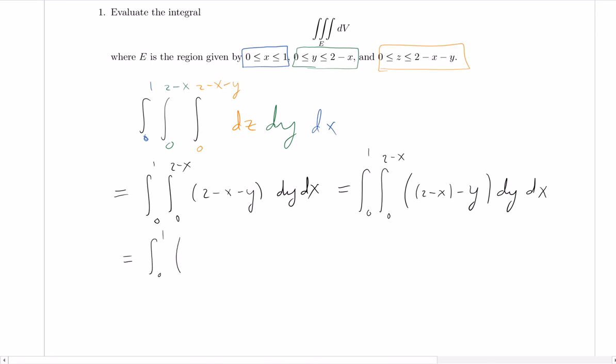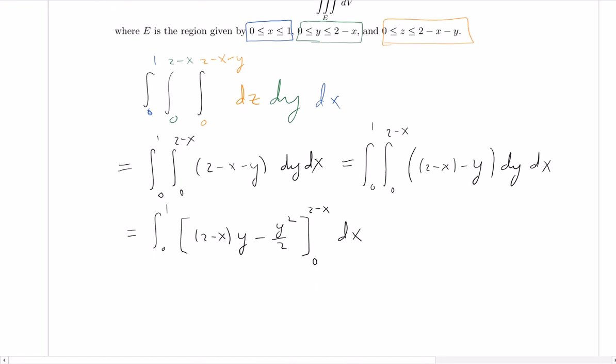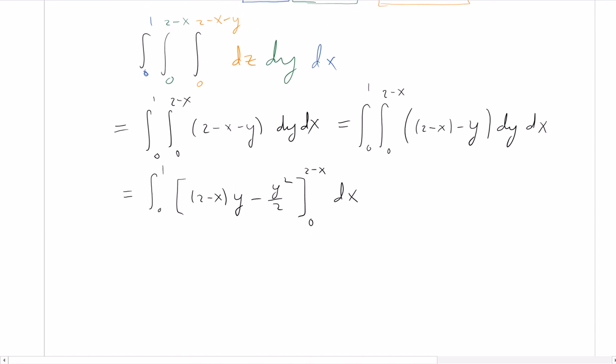So we have 2 minus x times y minus y squared over 2, evaluated from 0 to 2 minus x. If we plug in 0, then everything is just 0, so we just have to plug in 2 minus x.